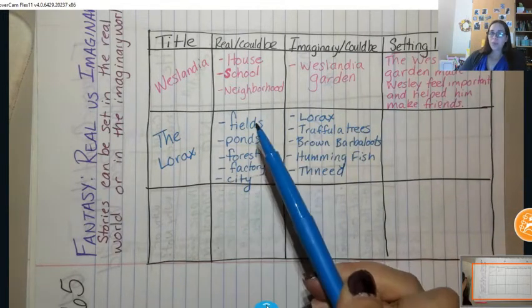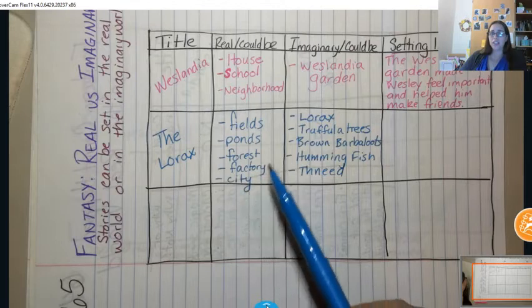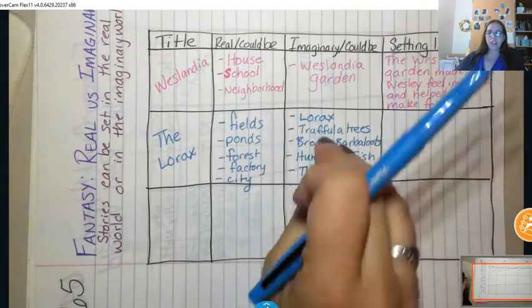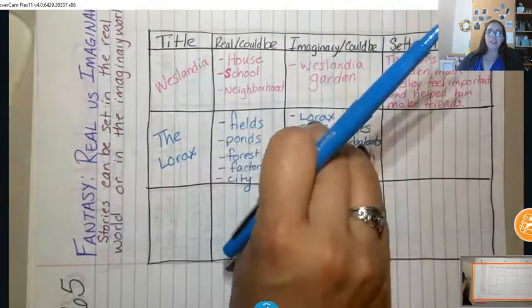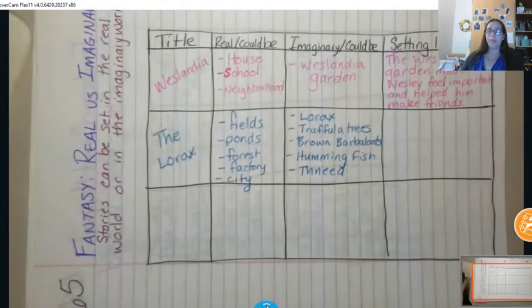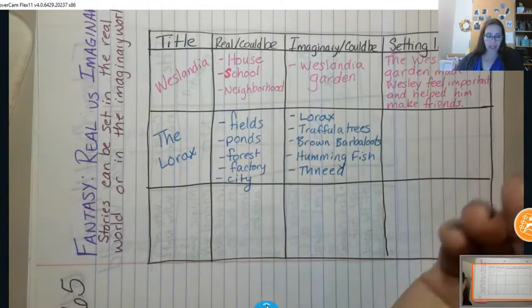Now, we have these fields, ponds, forest, factory, and city as real objects. We also have our imaginary, or made-up, objects. And these set up our setting, where the story takes place, where it happens, when it happens.